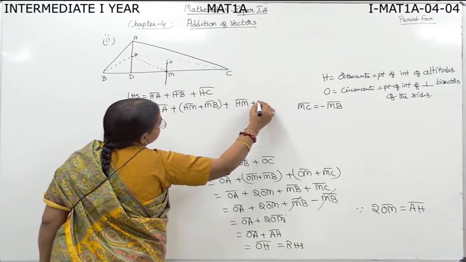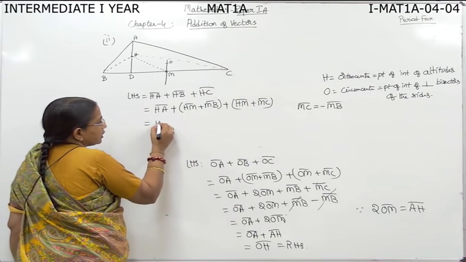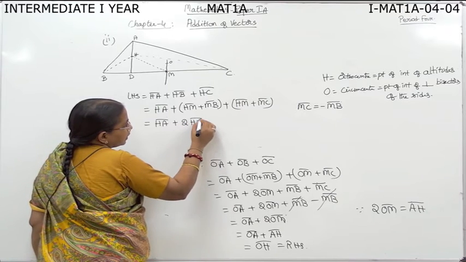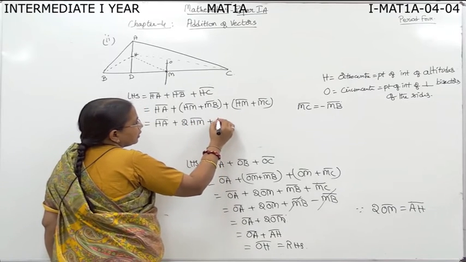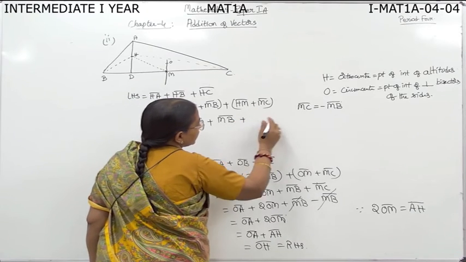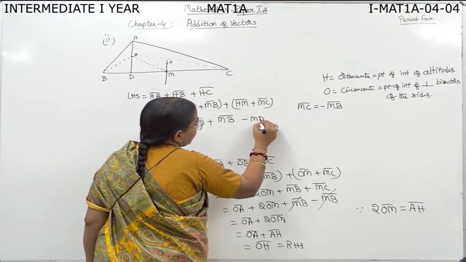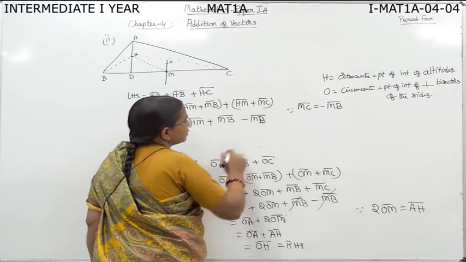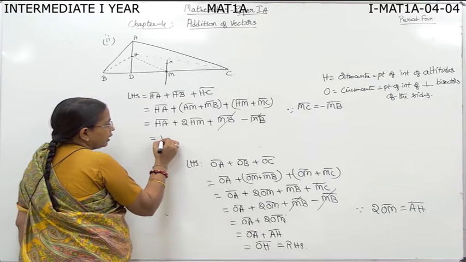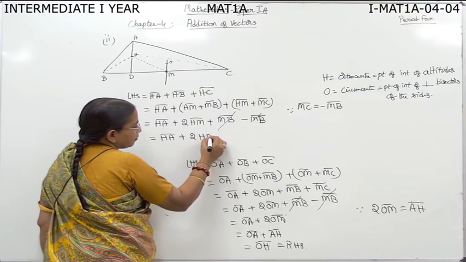Now this is HA plus 2 times HM plus MB, and then MC we'll write as minus MB, because of this. So now the MB will get cancelled and you will have HA plus 2 times HM.